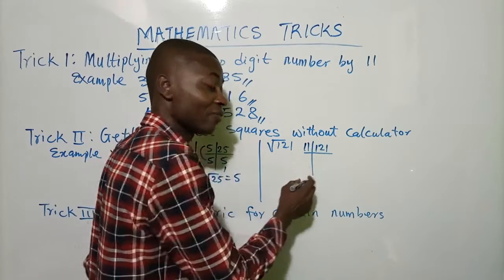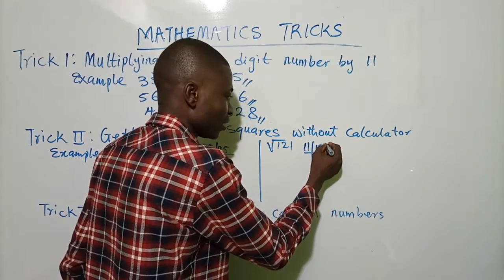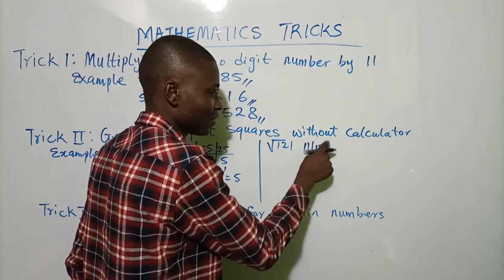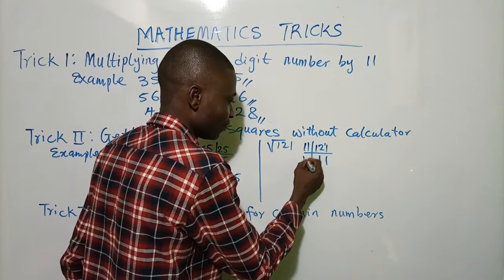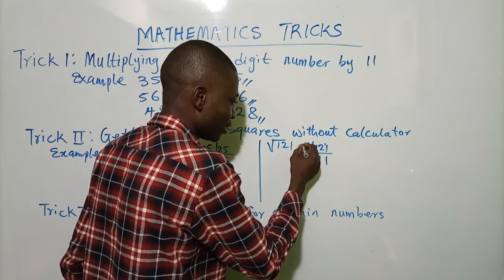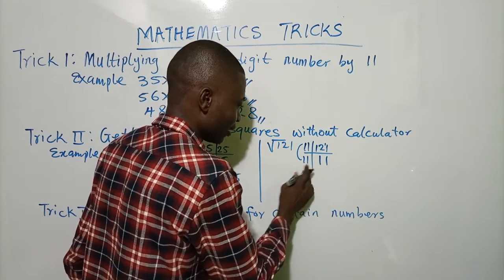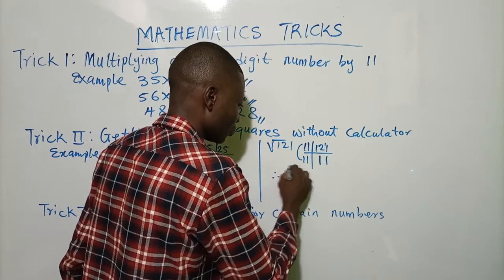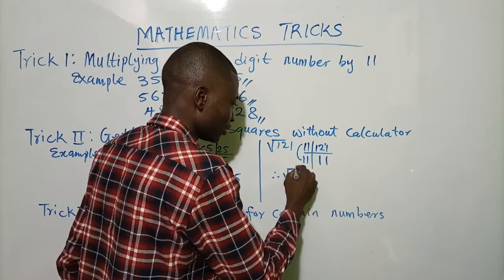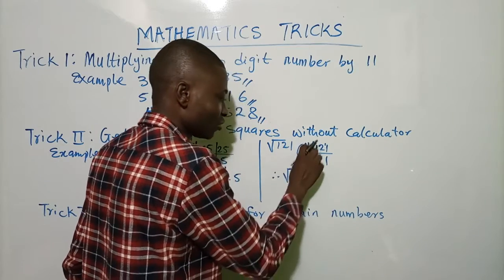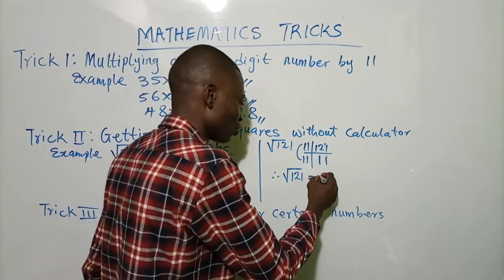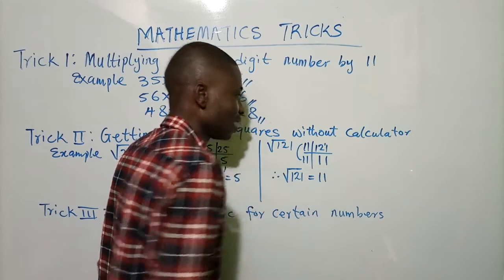How many 11 do I have in 12? It is 1, remainder 1. You drop the 1, it becomes 11. How many 11 do you have? 11. 11 can go again. So the square root of 121 is equal to what? You group them into 2, so it's just 11.